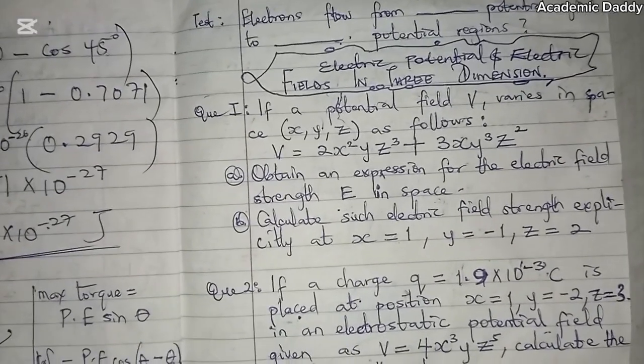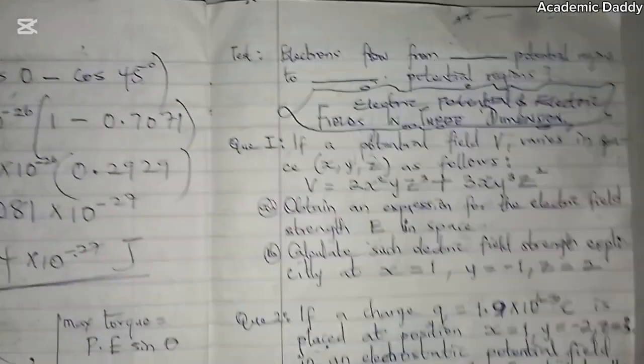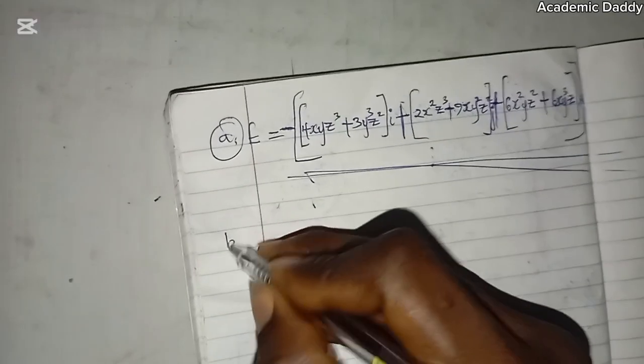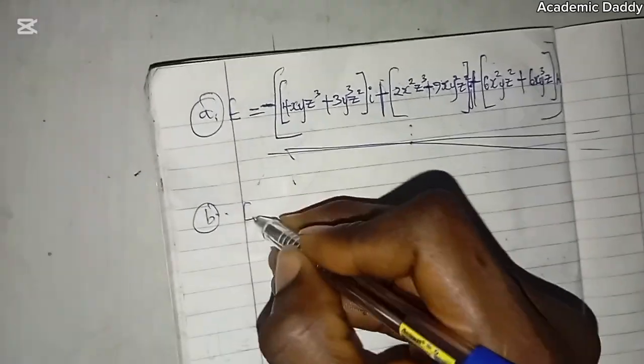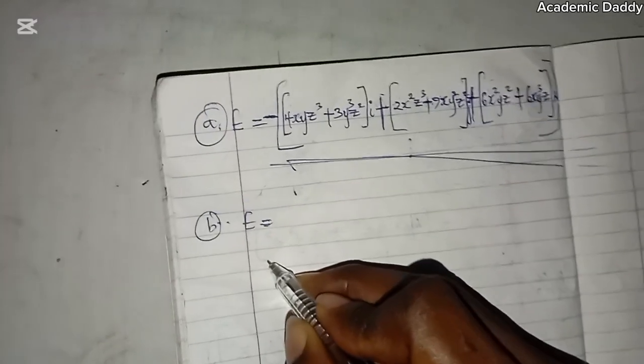So anywhere we see x, we put 1. Anywhere we see y, we put -1. Anywhere we see z, we put 2. So that means I'll go here for B now. It is simply going to be E equals to, remember that we have minus. Let me just start here.